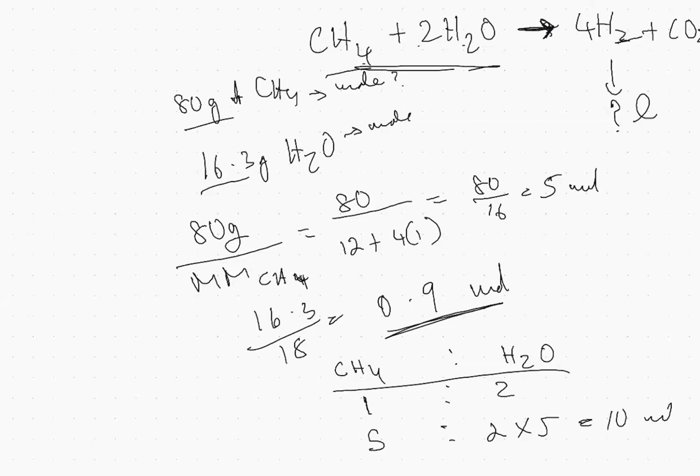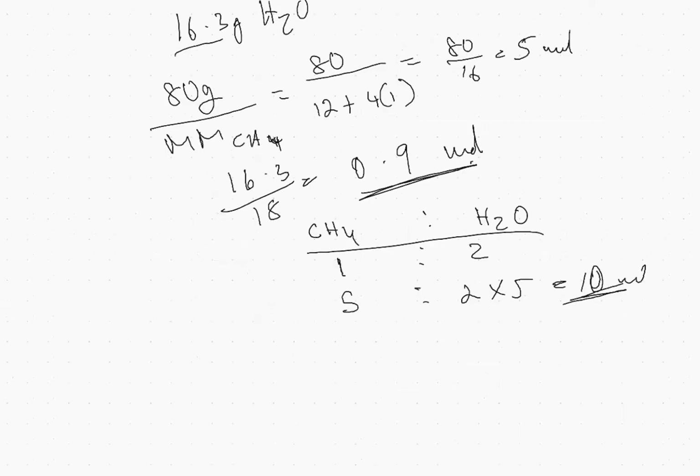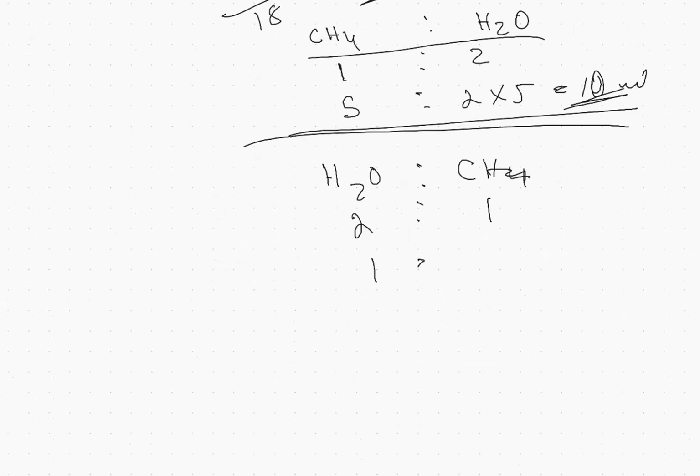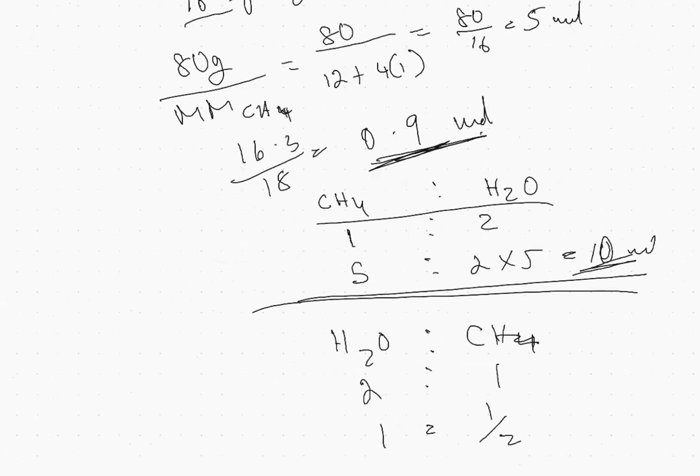Okay, like that. So I can't react the entire CH4. So let us see the other way, water to CH4. 2 moles of water would react with 1. 1 would react with half of that. So I have here 0.9 moles, so 0.9 will react with half of that.